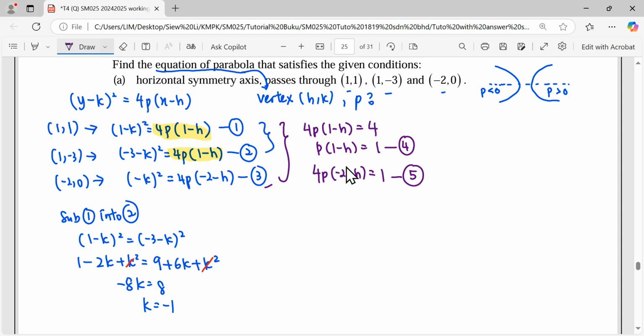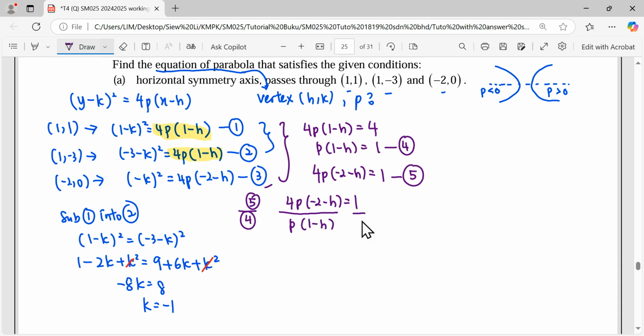To eliminate p and h here, you can see p and h are multiplied, p multiplied with h. To solve this simultaneous equation, we need to do division. So I will take equation 5 divided by equation 4 so that you can eliminate the p value to get the h value. So p(negative 2 minus h) equals 1, divided by p(1 minus h).